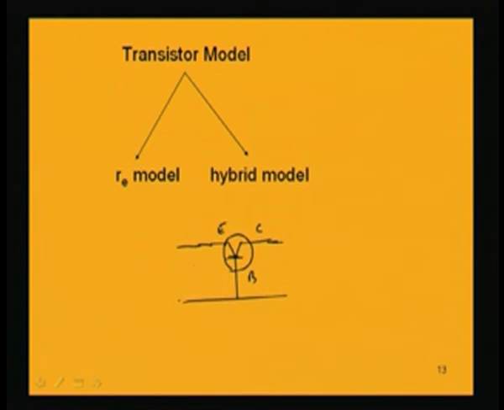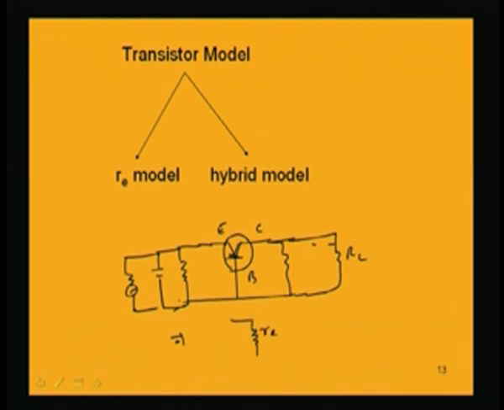So, there will be biasing voltage, there will be biasing resistances, etc. So, all these will be there. Or some other things, load resistance will be there, source will be there, all this will be there, but this transistor can be equivalently represented by its model.